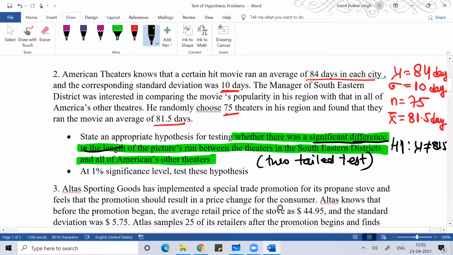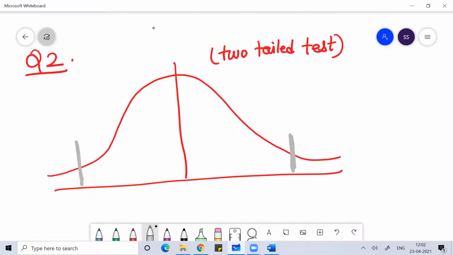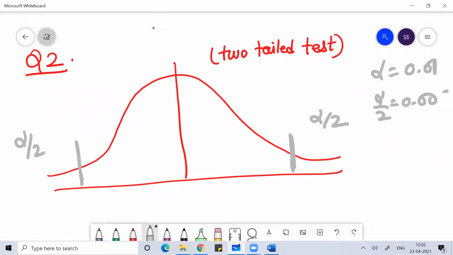You can see the alpha is 1%. Alpha is 1% means this will be alpha by 2 here, and this will be alpha by 2 here. So alpha is 1%, so alpha by 2 will be 0.005. So the rejection area will be 0.005.